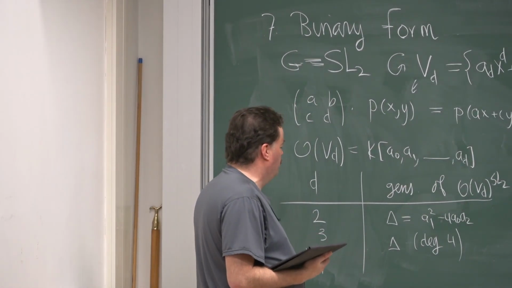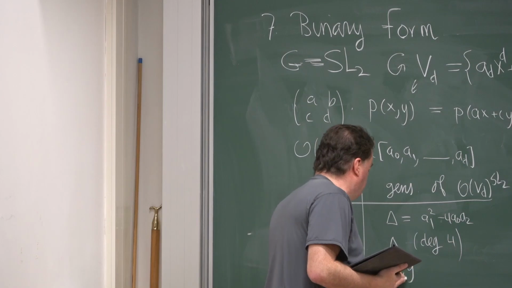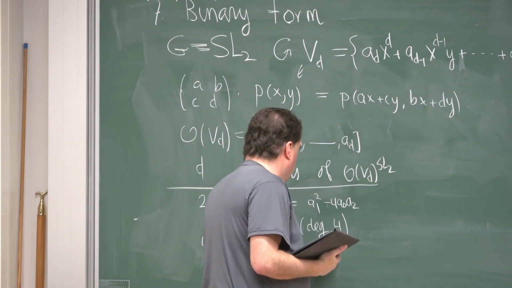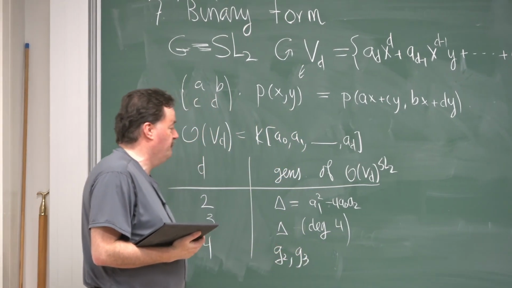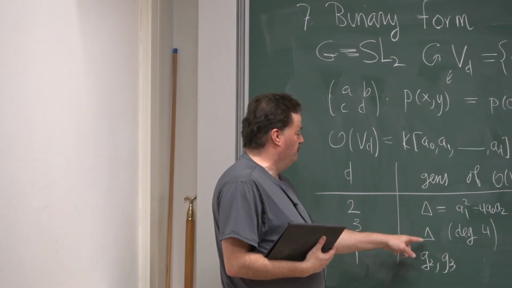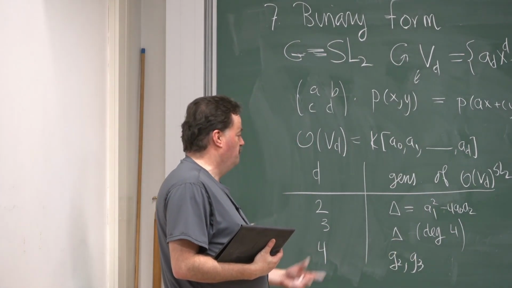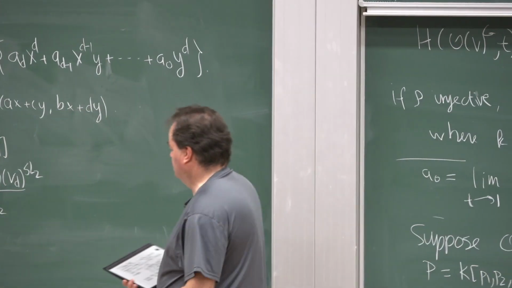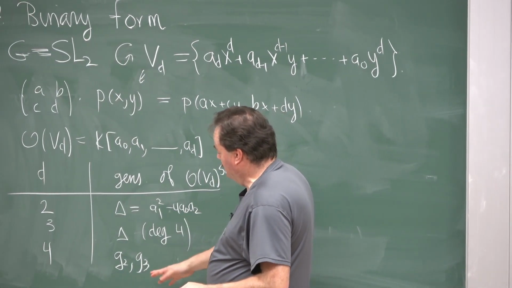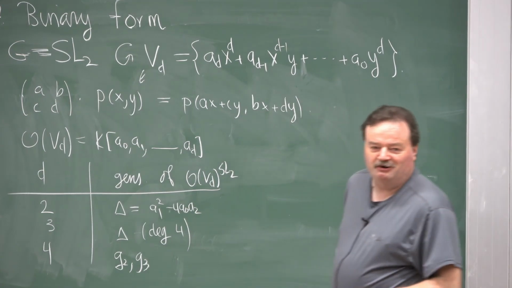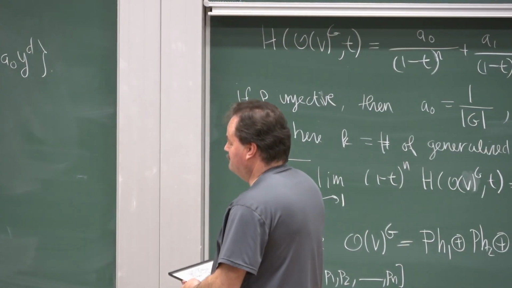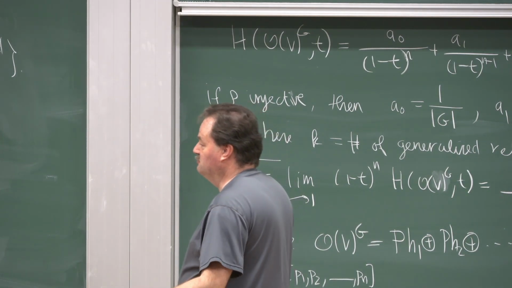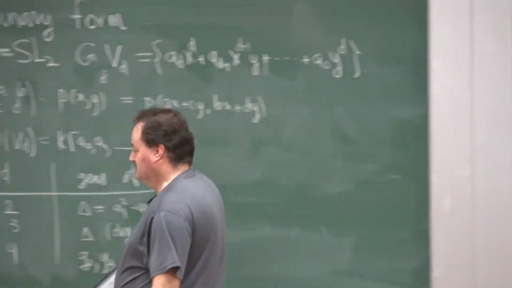And for 4, we have two generators, namely G2 and G3, let's say, where these are of degree 2 and 3 respectively. There's also a discriminant, but the discriminant can be expressed in these two, and the discriminant has degree 6, I think. So when you're working with elliptic curves, you always see these G2, G3 somehow appearing, right? Because if you have an elliptic curve, you can maybe write it as y squared is equal to some degree 4 polynomial, for example. Anyway.